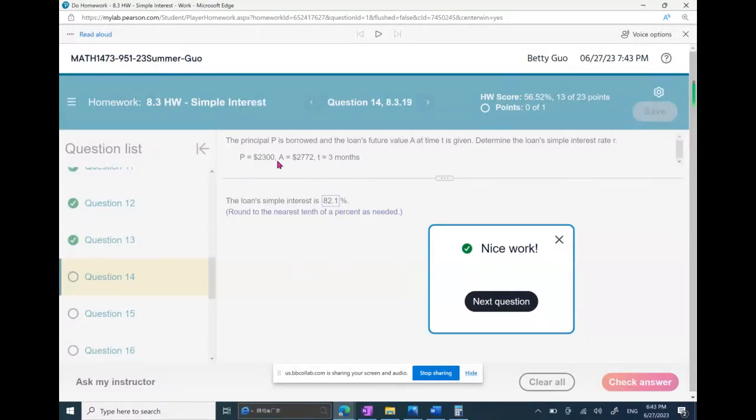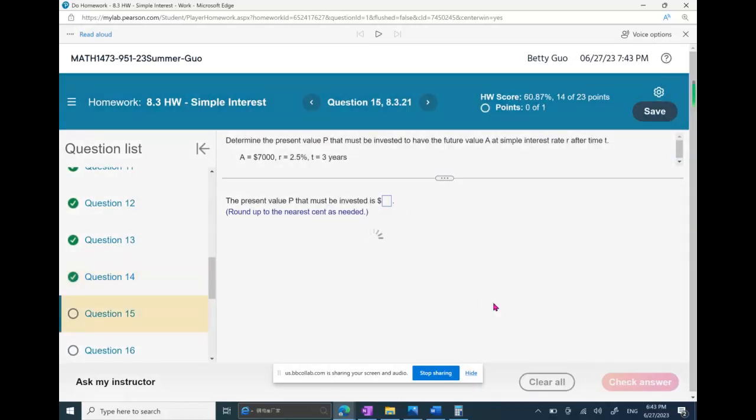So the difference between A and P is the interest for 3 months, for a quarter of the year. We multiply by 4, and we have the interest for 1 year. Then we divide that interest of 1 year by the principal, and we have the interest rate. Interest rate is a percent. And this one, present value. Okay, let's see how we get that done.